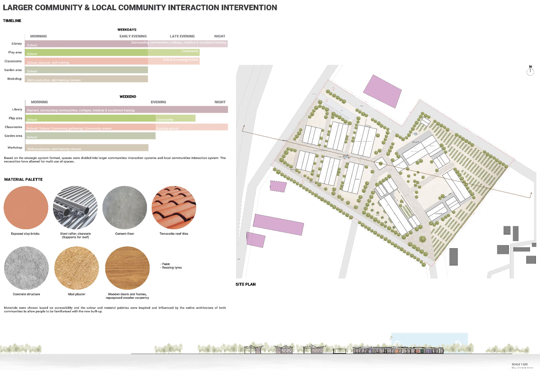After that, I've broken down what are the activities that will happen in each site and what is the timing for each activity such that the same space can transform into different programs. For example, a play area can be accessed by the school in the mornings, whereas in the evening, the same play area can act as a tuition space.